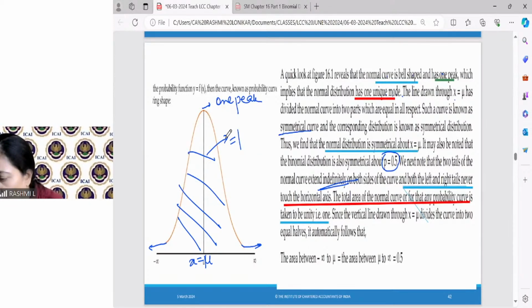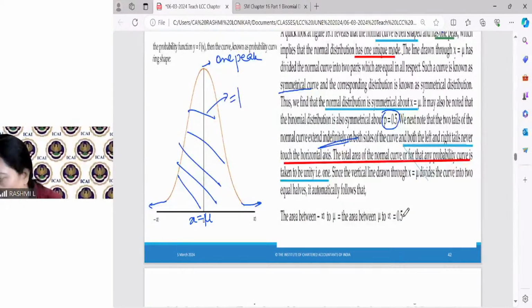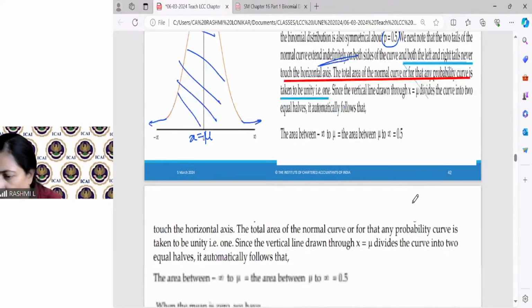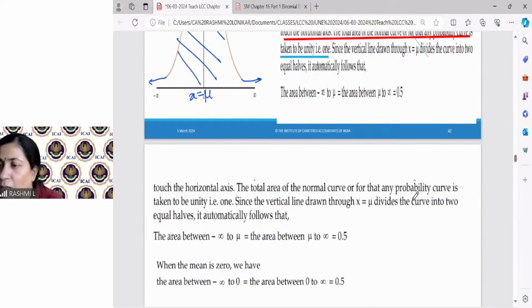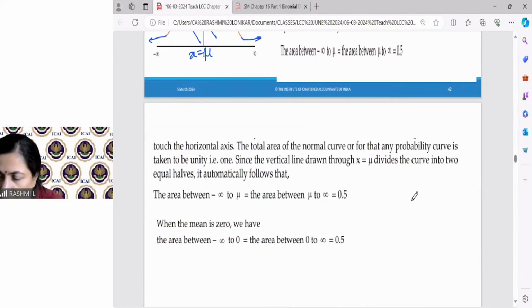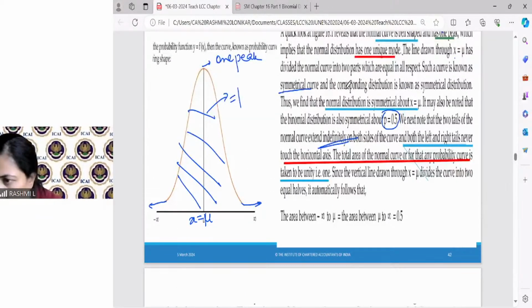So area between minus infinity to mu is the area between mu to infinity, which is equal to 0.5. Okay. तो मतलब क्या है? ये जो पोर्शन है, let me show you.